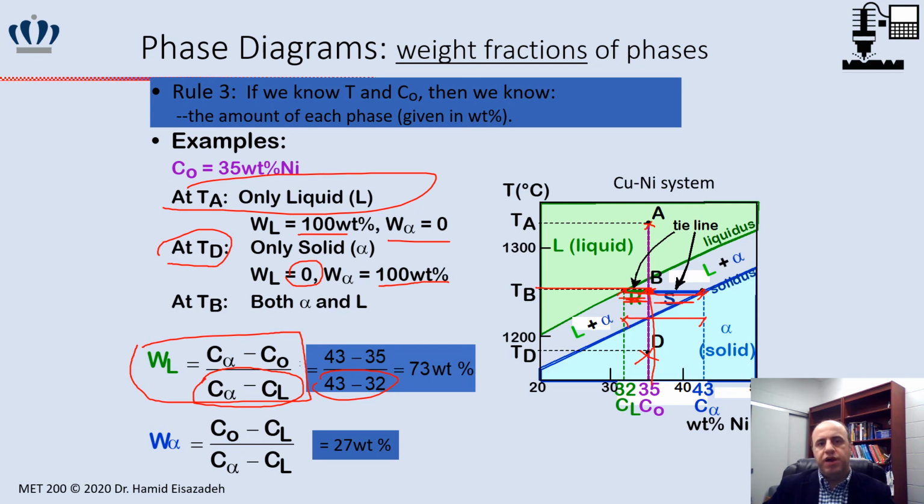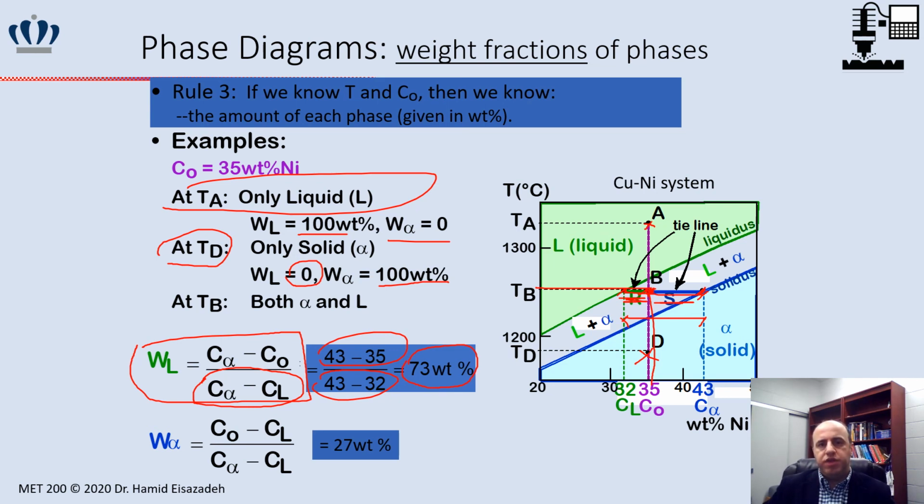But here we have 43 minus 32, and then we want to use this portion for the liquid part. So remember, if you're dealing with the liquid, you have to use the other portion. So 43 minus 35, and that gives you 73% liquid. It means that you are closer to the liquid line, right?